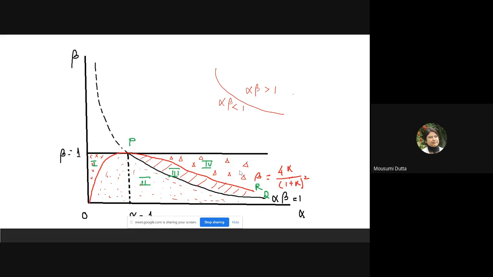In zone 1, alpha into beta is less than 1, or beta less than 1 upon alpha, which implies equilibrium is dynamically stable.